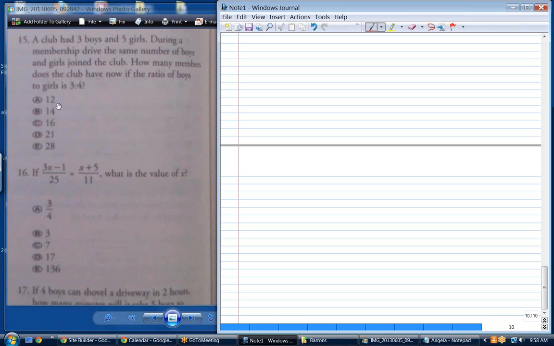That means we can do it. 14 is twice 7. So if I double each of these, I get 6 to 8. Well, 6 to 8 is the right proportion, and it adds to 14. So B is a possible answer.